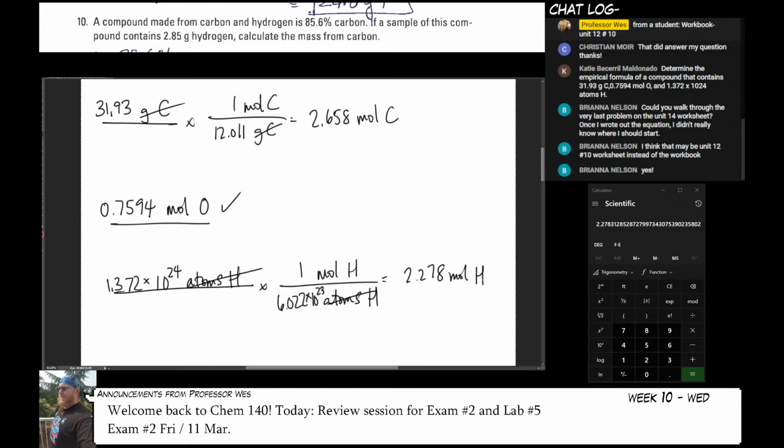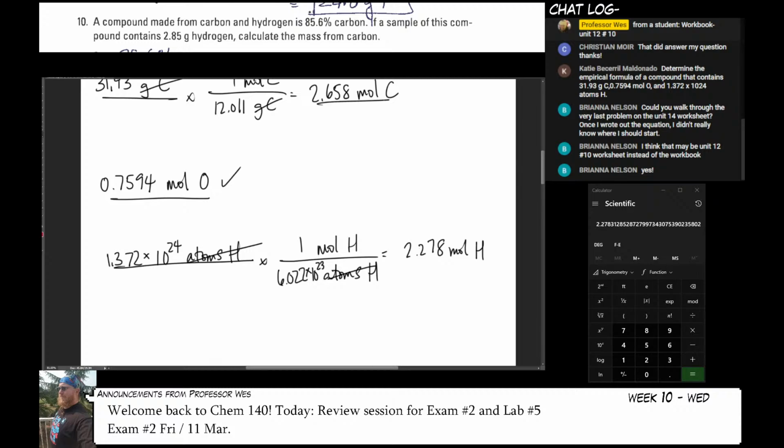And so there's our pseudo formula. So we would use this and that, which is already there, and that. So we'd say C, I transposed the numbers, so let's fix that. C 2.658, H 2.278, O 0.7594.